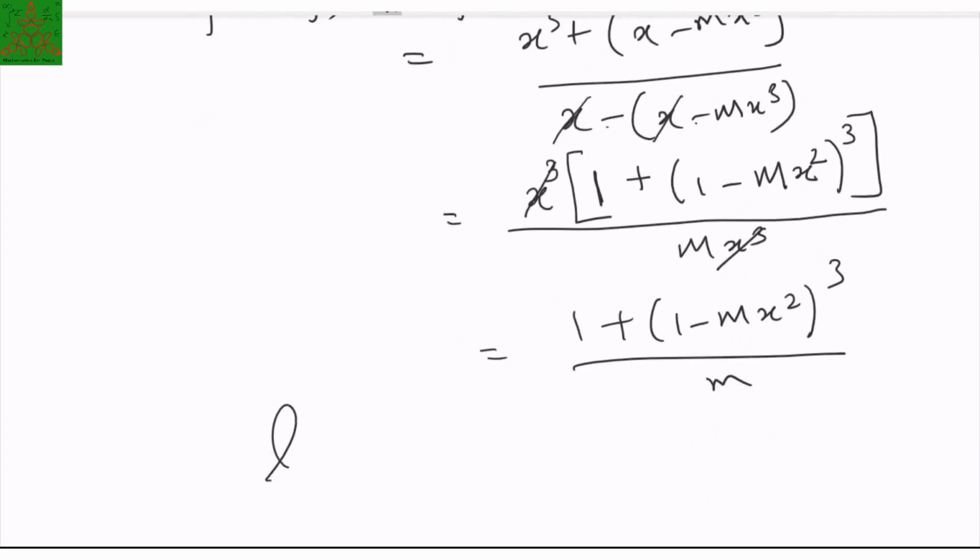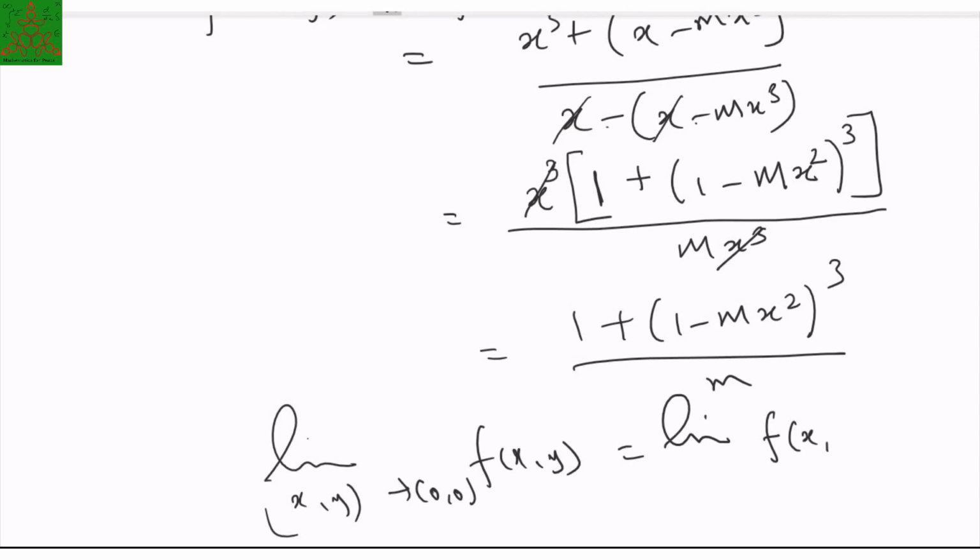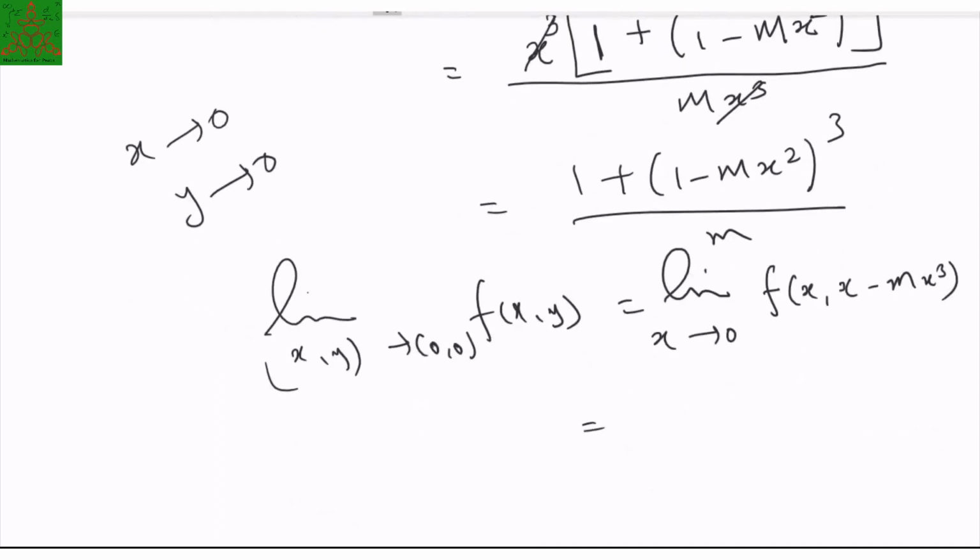And if you take the limit as x, y tends to 0, 0, f of x, y will give you the limit of f of x comma x minus m x cube as x tends to 0, because as x tends to 0, y also tends to 0. So this gives me the limit as x tends to 0 of 1 plus 1 minus m x square whole cube upon m.